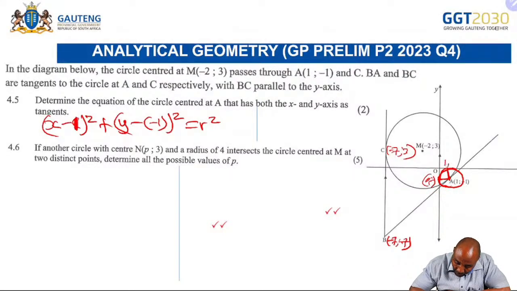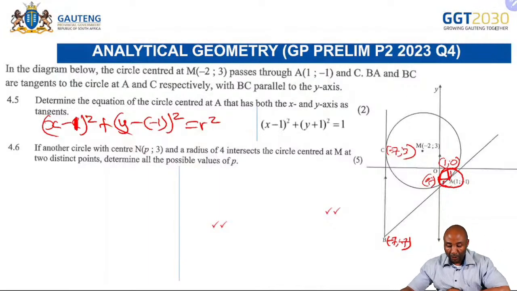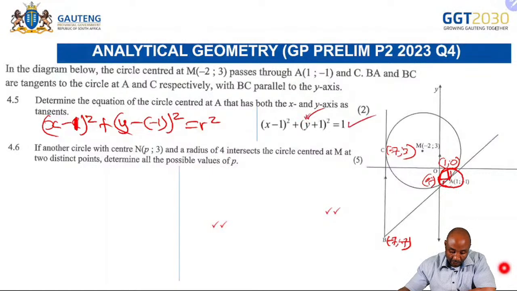Here we have 1 and 0. So if you look at the distance from here to that point, it's going to be 1 unit. So our radius is going to be 1 unit. Then we substitute and we get our equation as such. So you'll get a mark for the left hand side and a mark for the right hand side. We get our equation there.